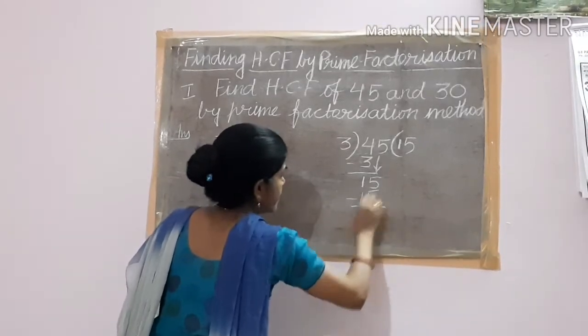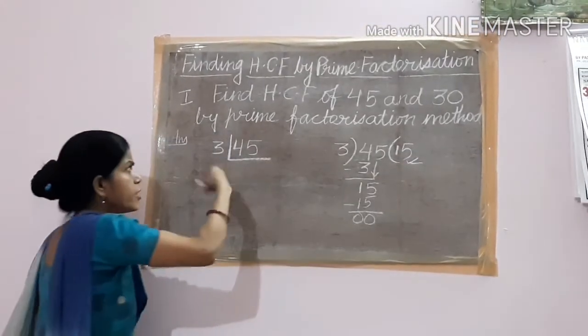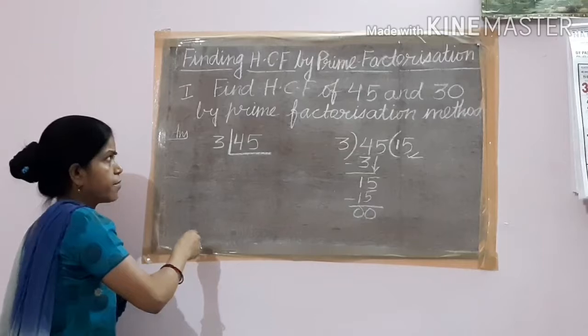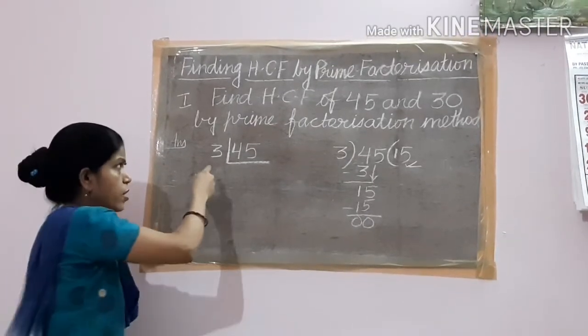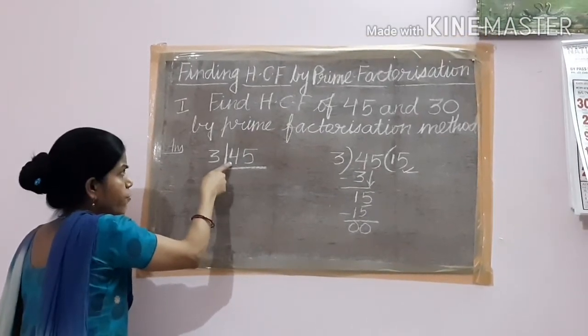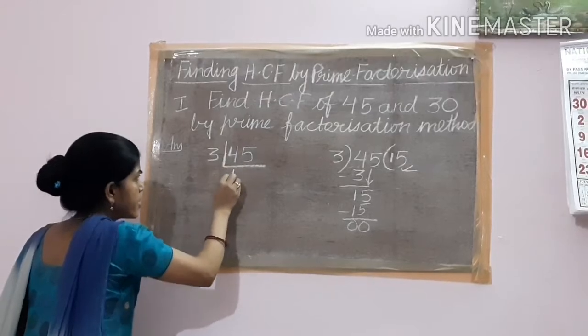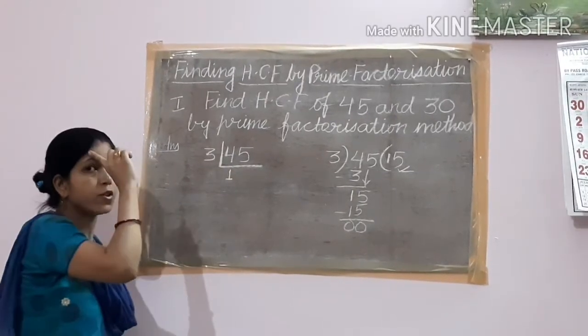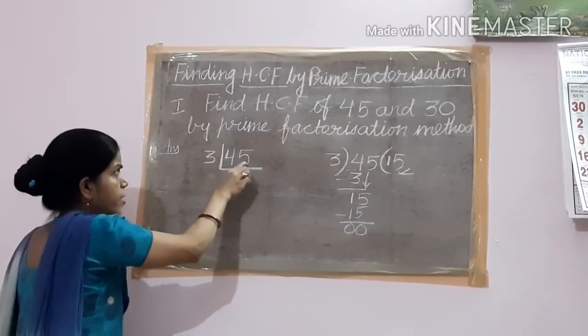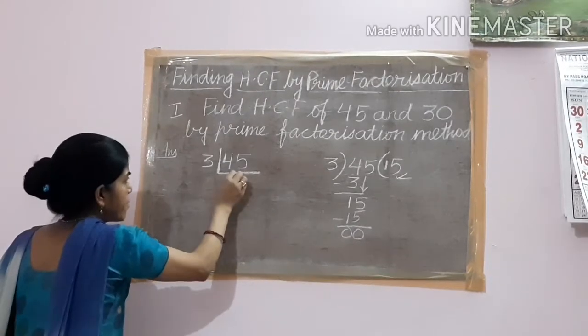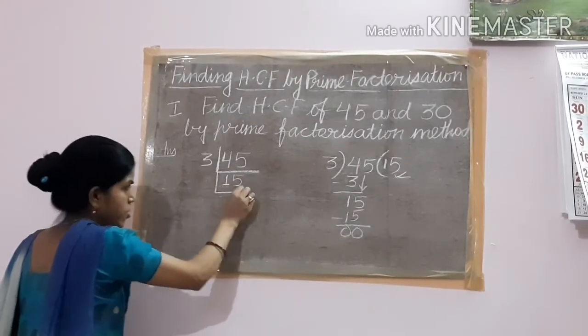Another is the short division method, where you can recall orally: take 4, 3 ones are 3, then 1 is in your mind, 1 5 is 15. So 3 fives are 15. You can do it this way also, children.